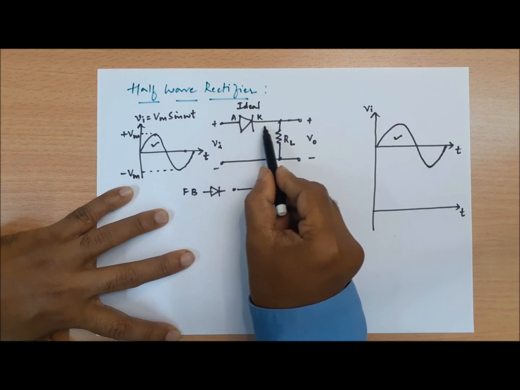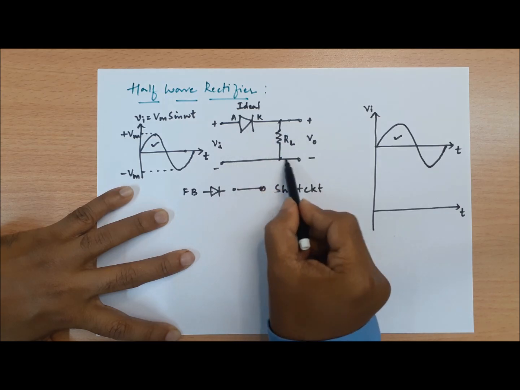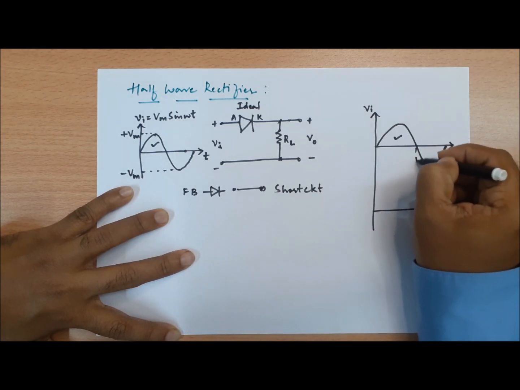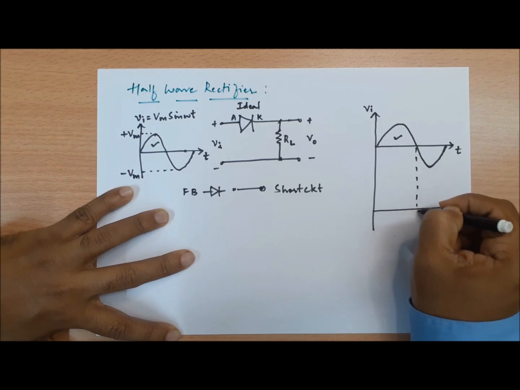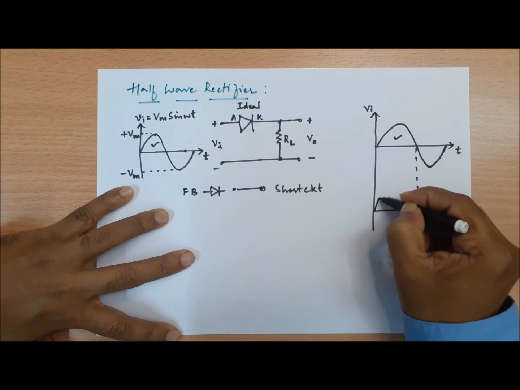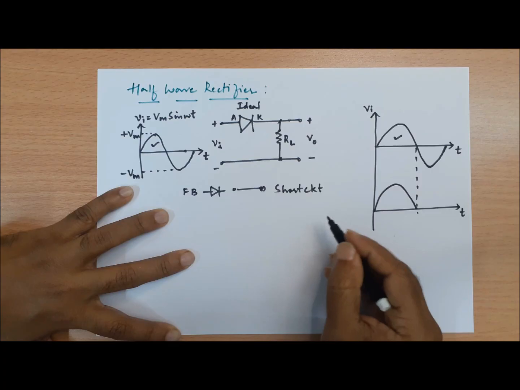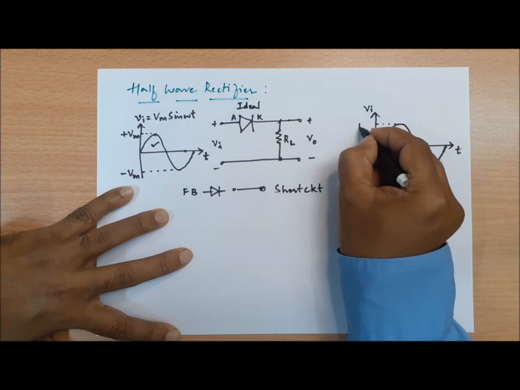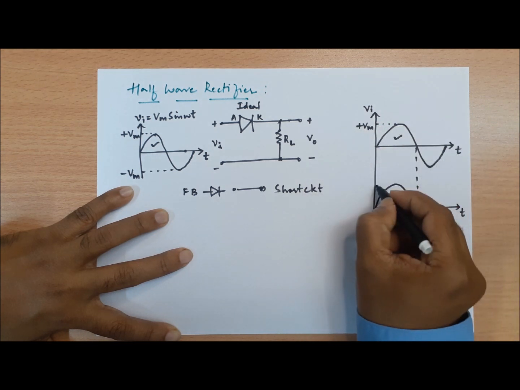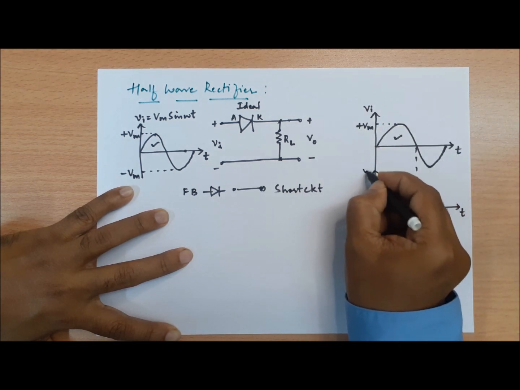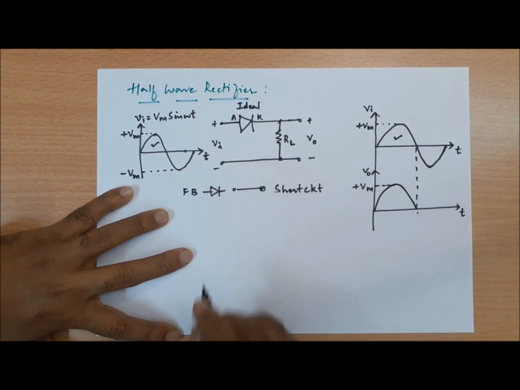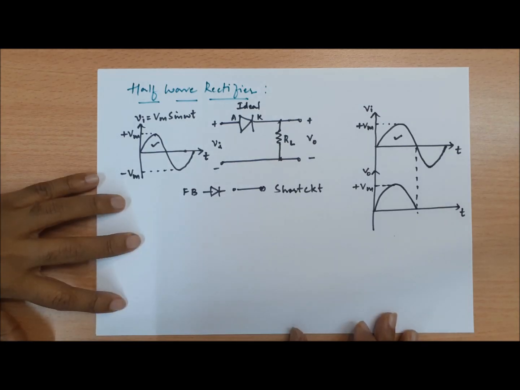So current flows through the diode and the entire voltage appears across the load resistance RL, due to which at the output side I will be getting the exact replica of the input signal. That means if the maximum peak voltage is plus Vm, at the output side also I will be getting plus Vm. So this happens during the forward biased situation.